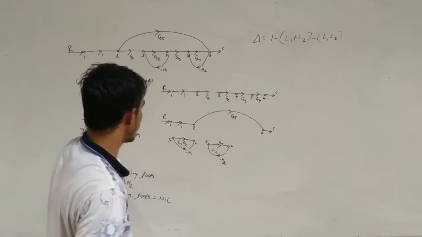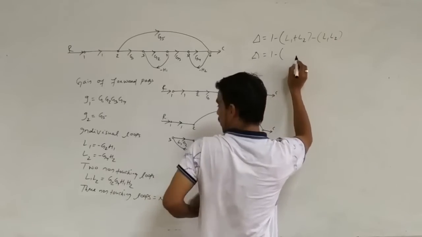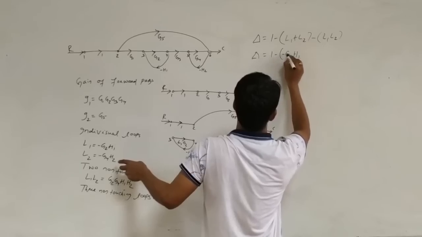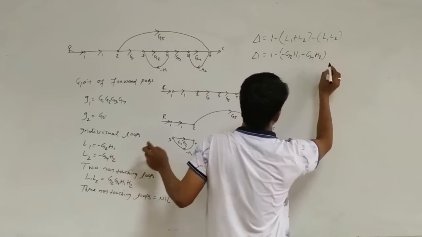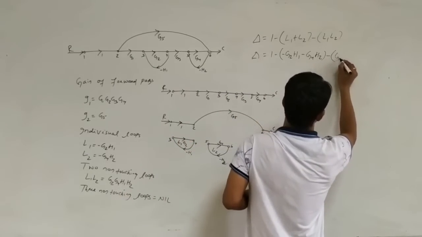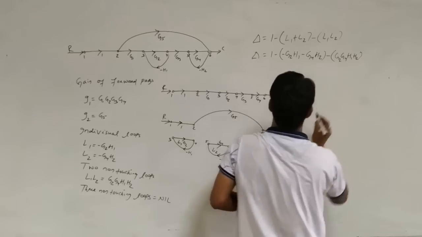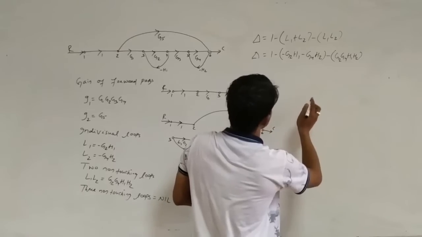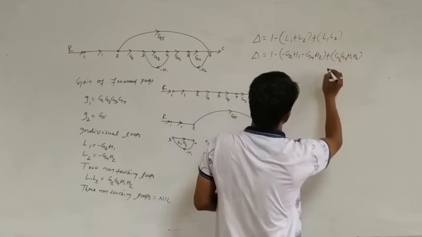So put the value of the respective loop gains. L1, L2 and L1 into L2. Delta equal to 1 minus minus G2 H1 minus G4 H2, plus G2 G4 H1 H2. So this will be 1 minus sum of individual loops, plus this, which will be plus.